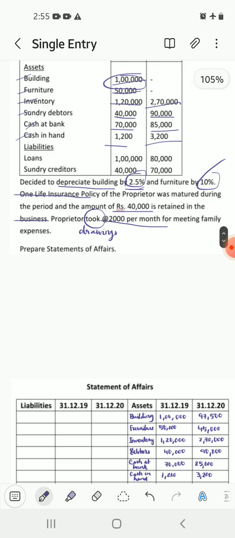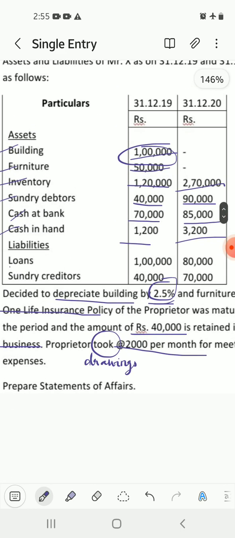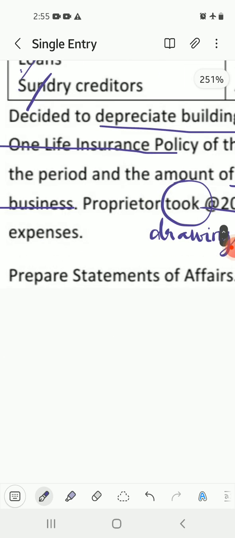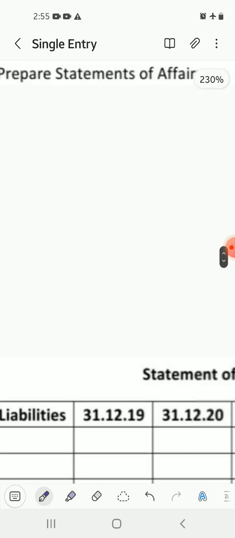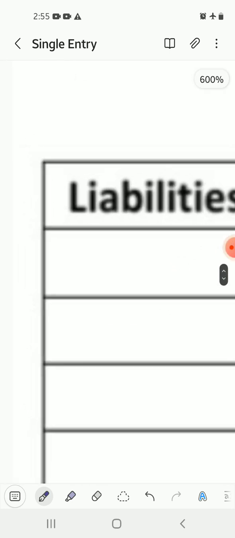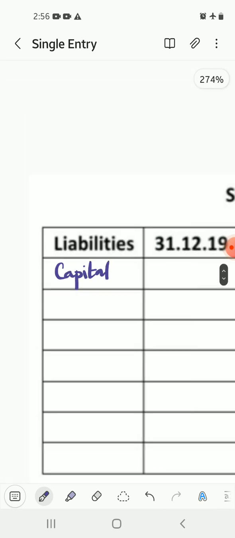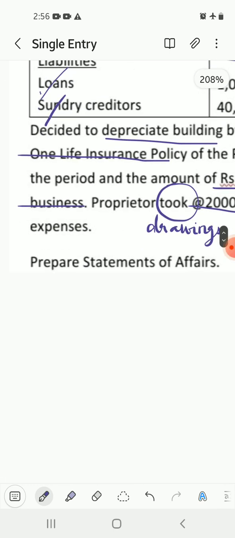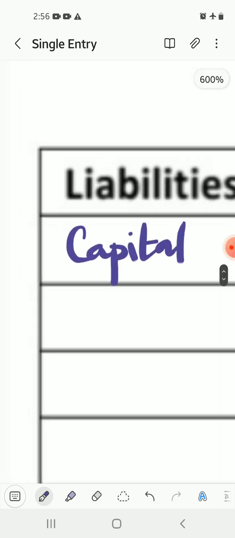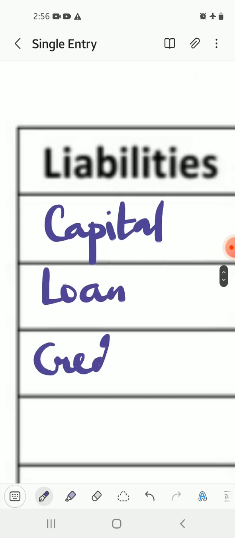Now on the liability side, we are given loan and sundry creditors, but we know liability is equal to capital and other liabilities. So let's write capital first, but the figures are not given, so we'll find it out. We will write the other things, which are loan and sundry creditors.